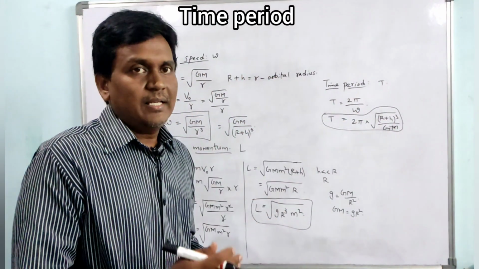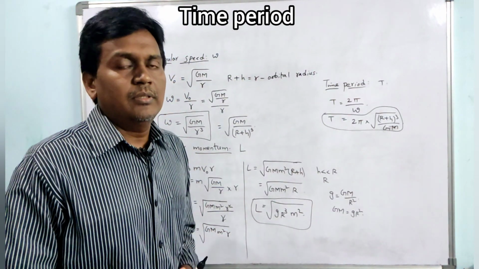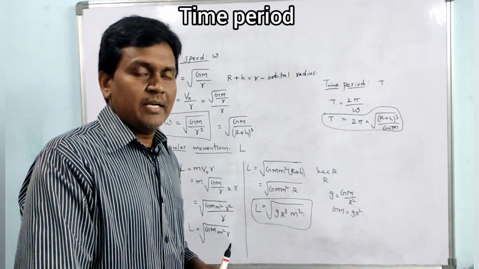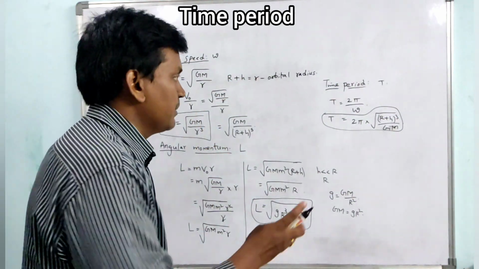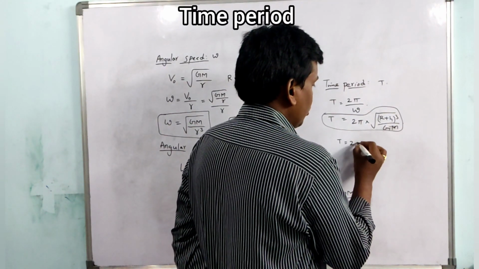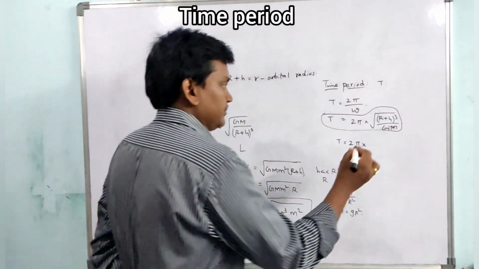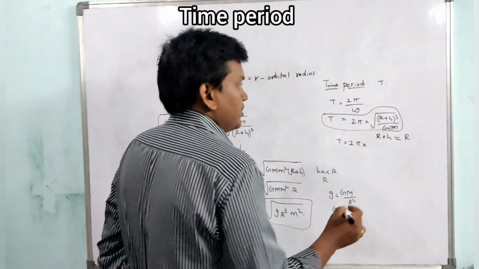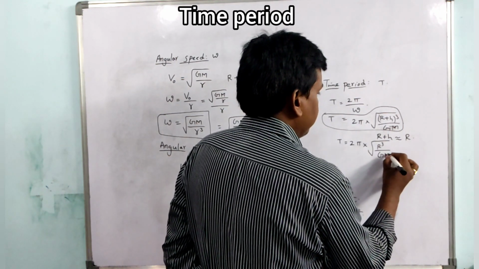And if I consider the height of the satellite is minimum, the minimum height of the satellite can be 100 kilometers from the surface of the earth. If it is minimum, this formula will become 2 pi into, see, as this R plus h will be nearly equal to R, 2 pi into root over R cube by GM.